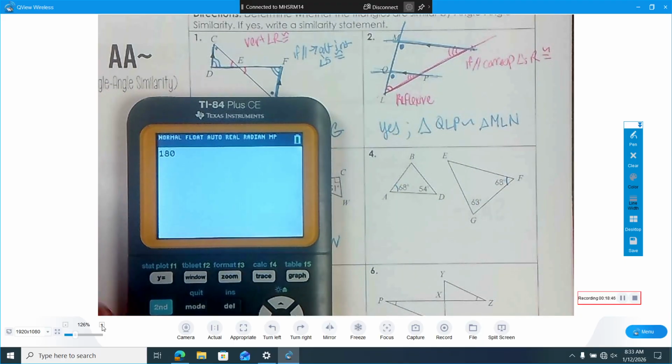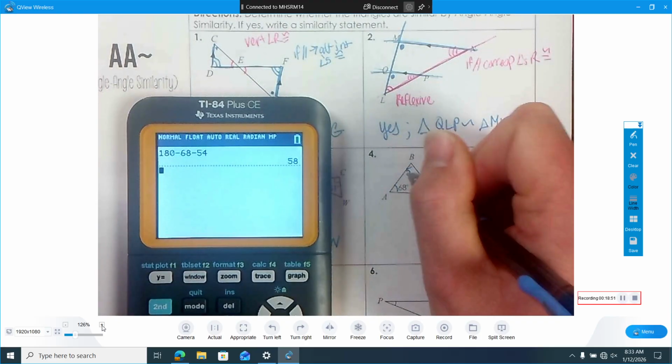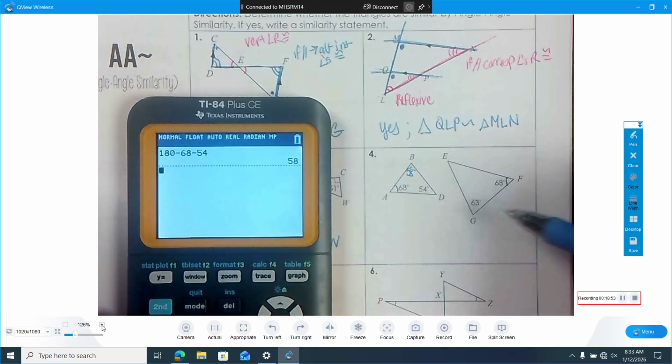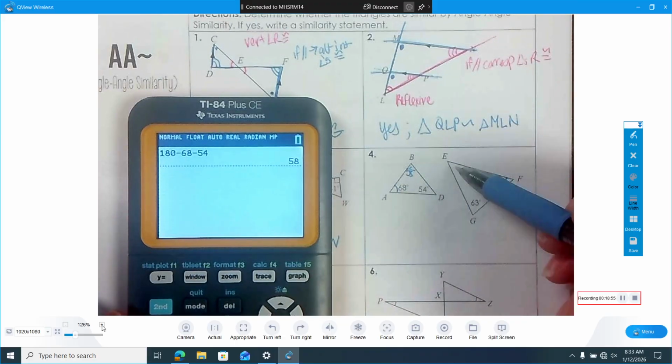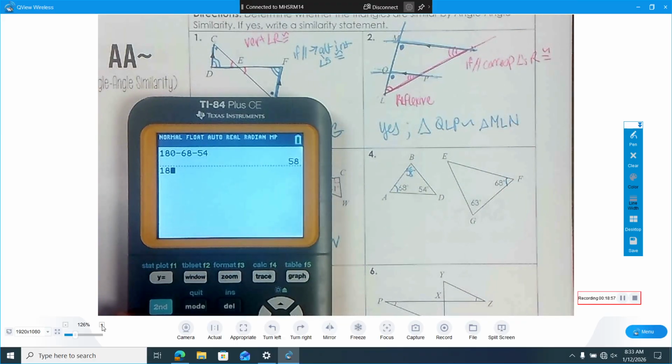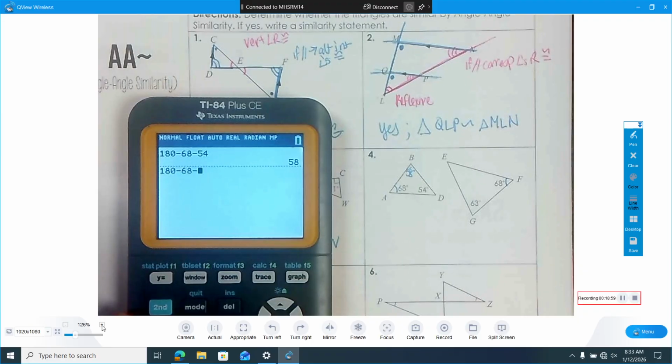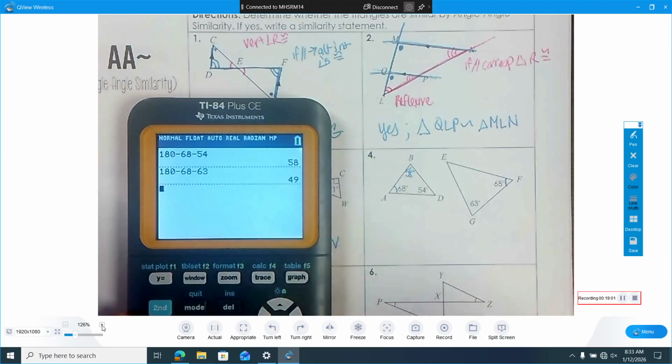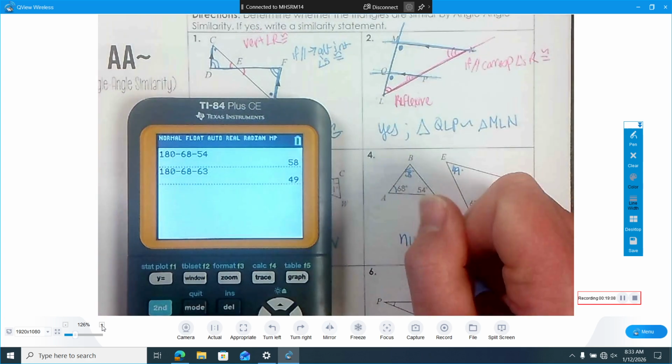So 180 minus the 68 minus the 54 is 58 degrees. If I figure out the third angle over here, 180 minus 68 minus 63, I get 49 degrees. So these only have one angle in common. These are not similar.